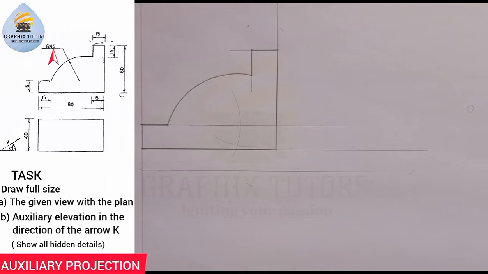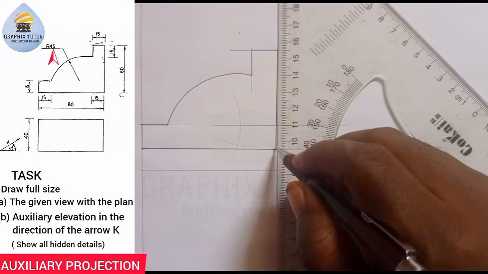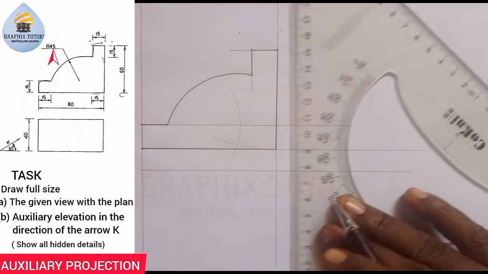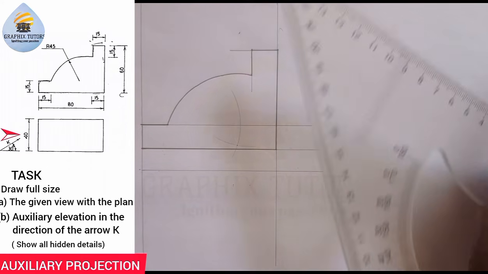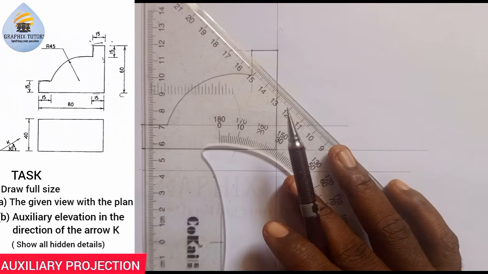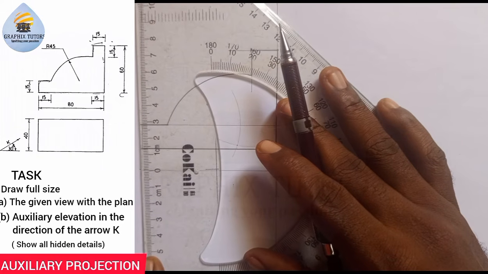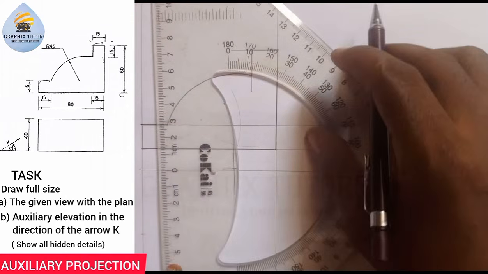Now the next thing is what? The plan. So I will just project this downward from here this way. And I'll start the plan from the other line here. And the thickness of the plan from here to is given to what? 40. So I'm going to measure my 40 from this point here. From 0 to 4 is 40.